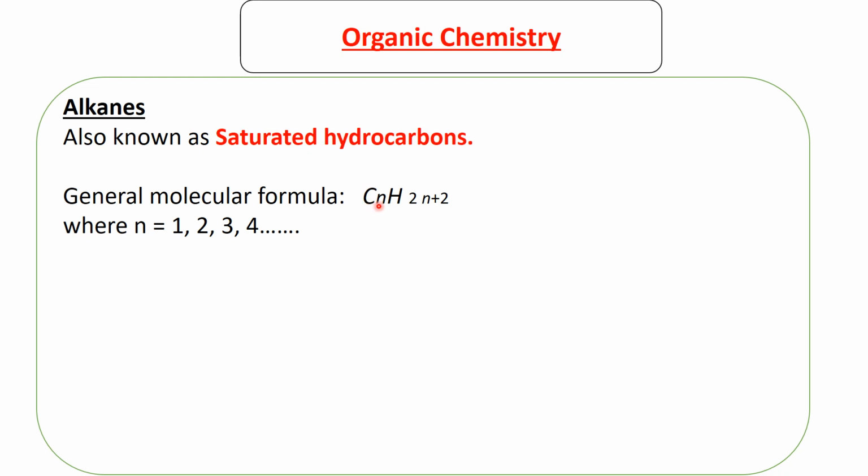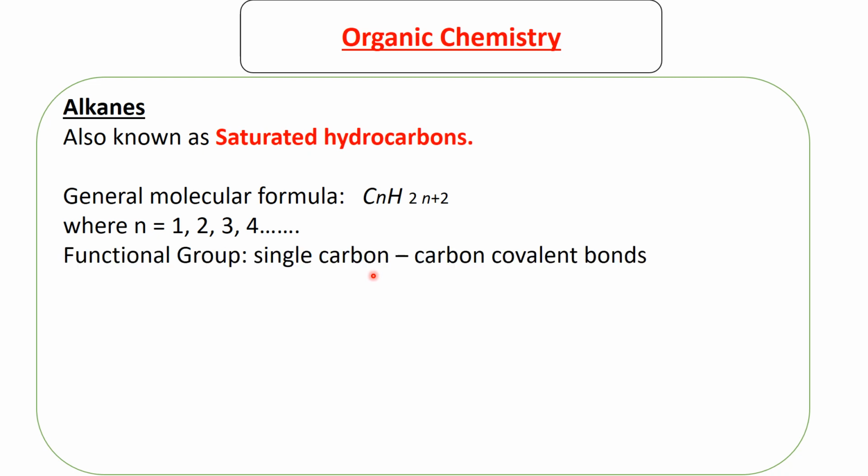For example, if our n is 1, it means we have 1 carbon atom. Then hydrogen atoms, we just do 2 times n plus 2, where if n is 1, it will be 2 times 1 plus 2. 2 times 1 is 2, plus 2 is going to be 4. So this is going to be CH4. So all alkanes are represented by this formula.